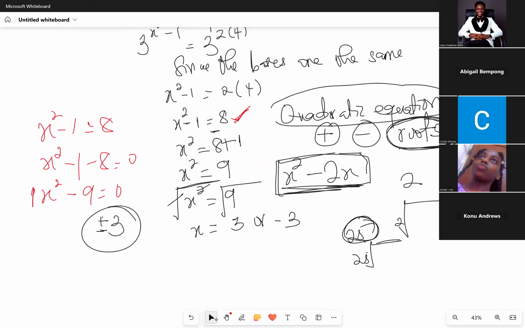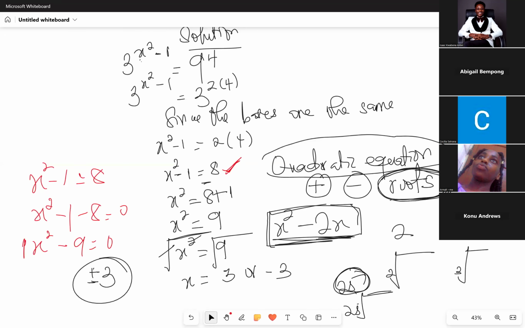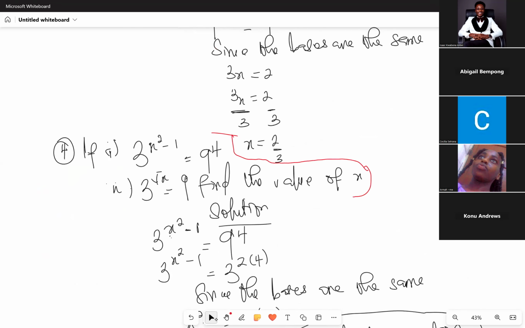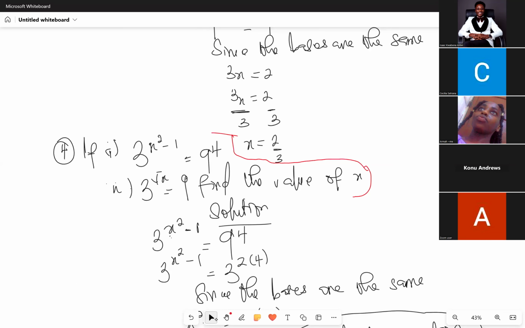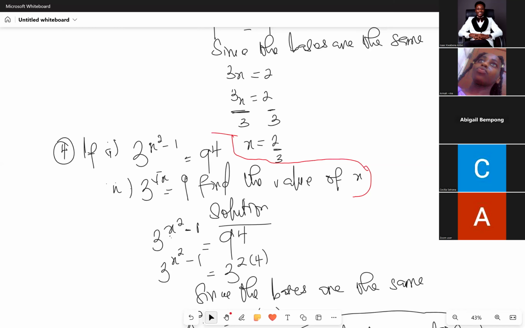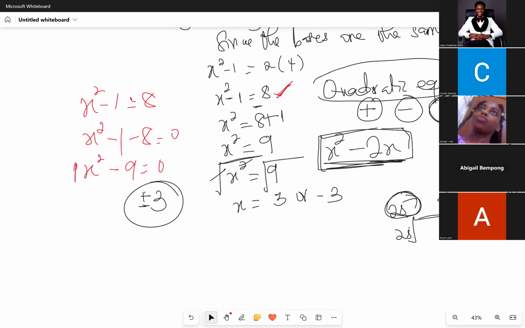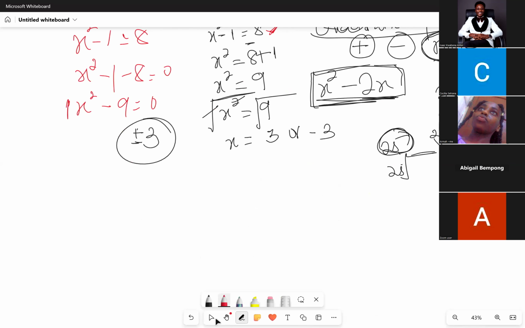Okay, let's move on. Check the second question. The second question is 3 exponent root x equals 9, right?